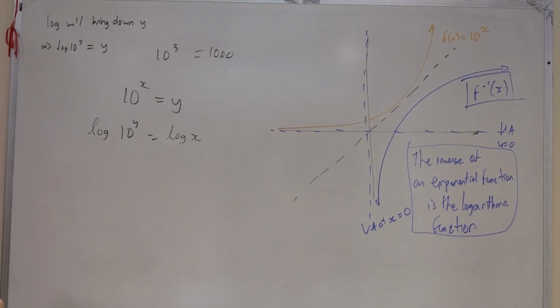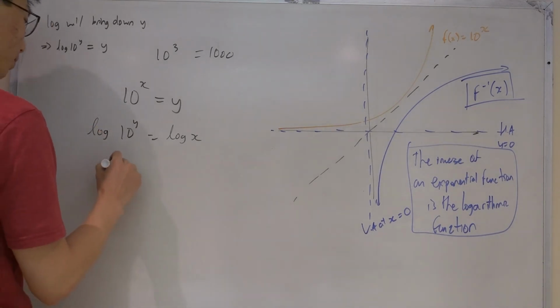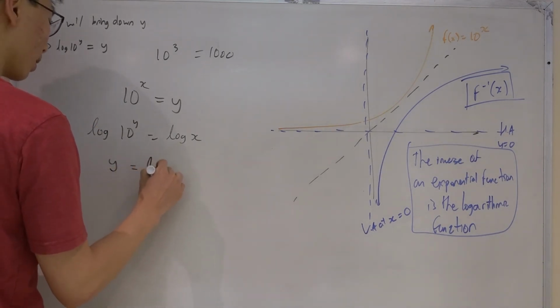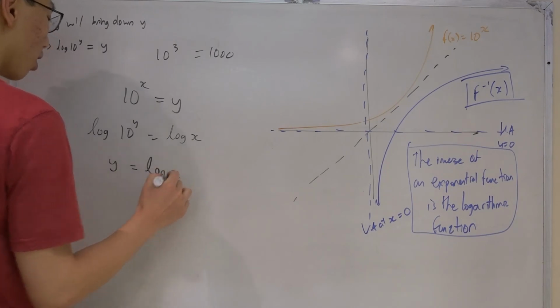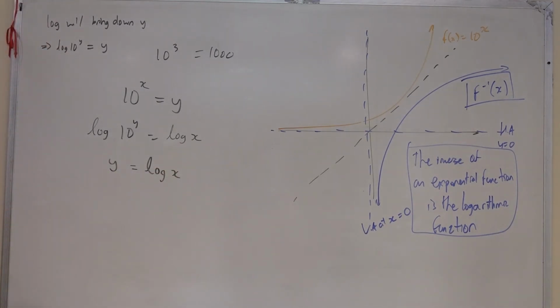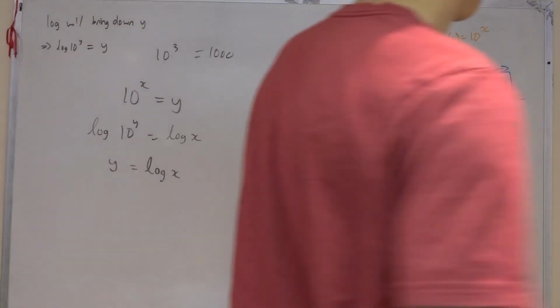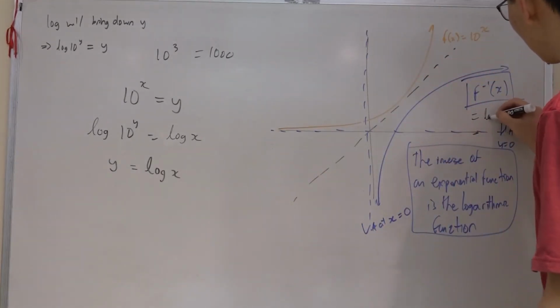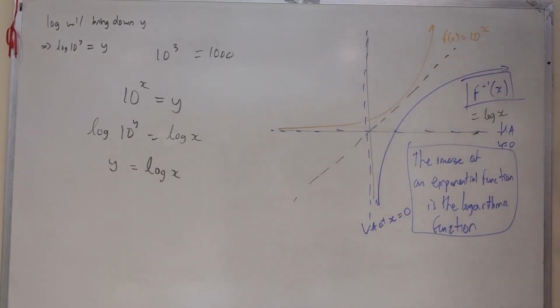We haven't strictly defined what log will do. All we know is that it will bring down y. It will just kill everything and get us back y. And then we get this weird relation, y is equal to log x. And therefore you see that f inverse of x is just log of x.